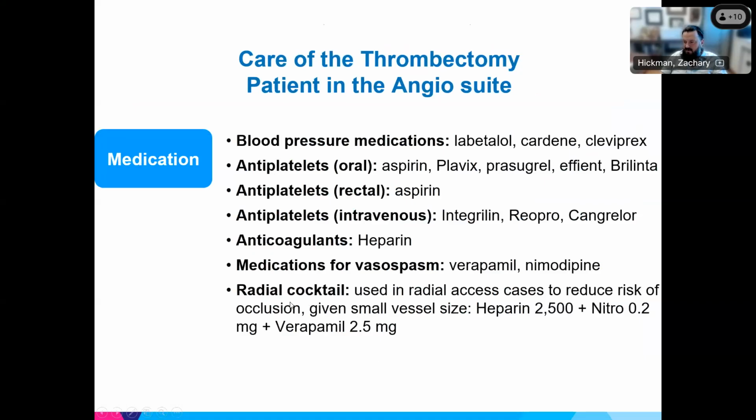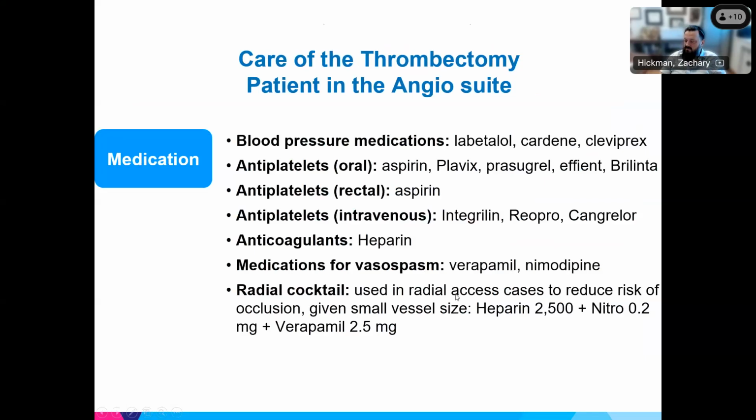So recently, in the last few years, more and more, they've been using the radial access method. The traditional way of accessing the vasculature is through the femoral artery, but oftentimes they can use the radial artery. There are some benefits to this, particularly in some older patients.